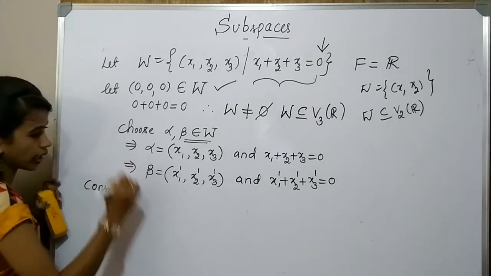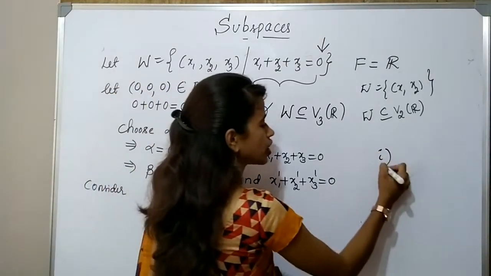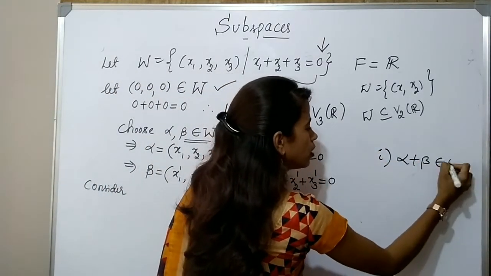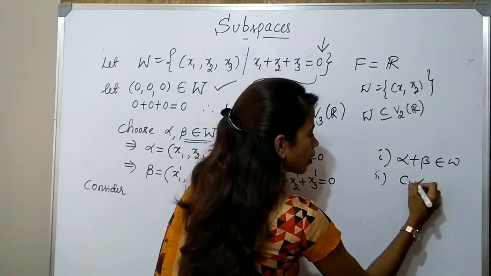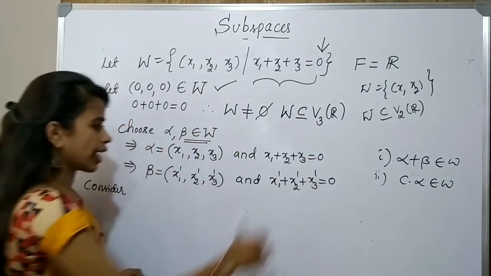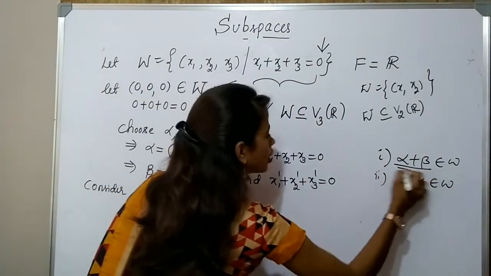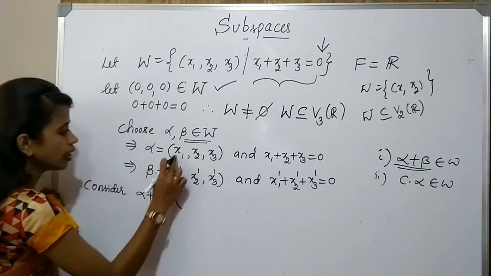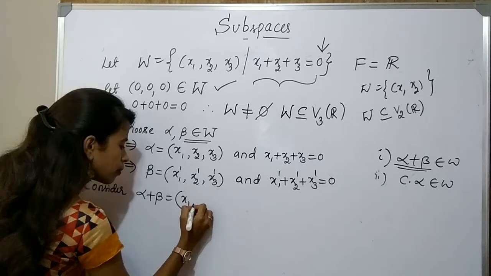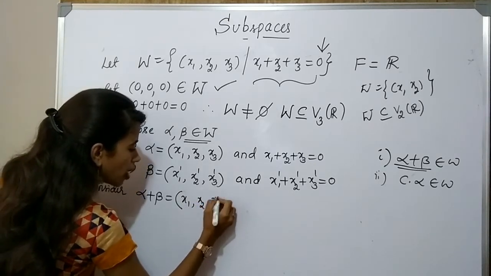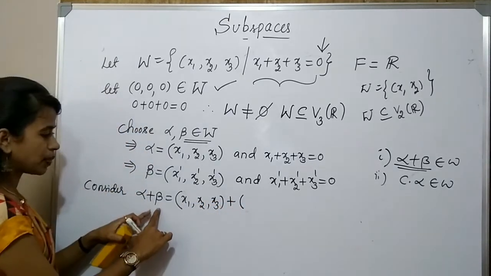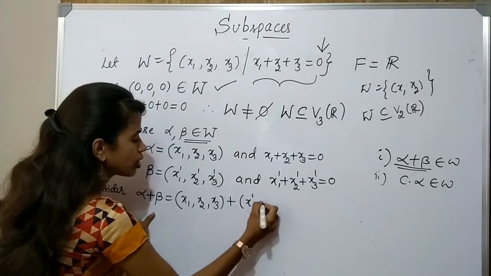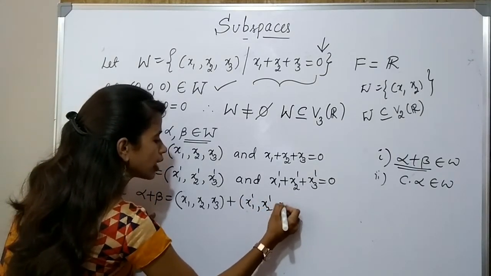Now, what are the conditions to be a subspace? The first condition is alpha plus beta belongs to W. The second condition is c dot alpha belongs to W. So for that I am considering alpha plus beta. Alpha is (x1, x2, x3) plus beta, (x1', x2', x3').